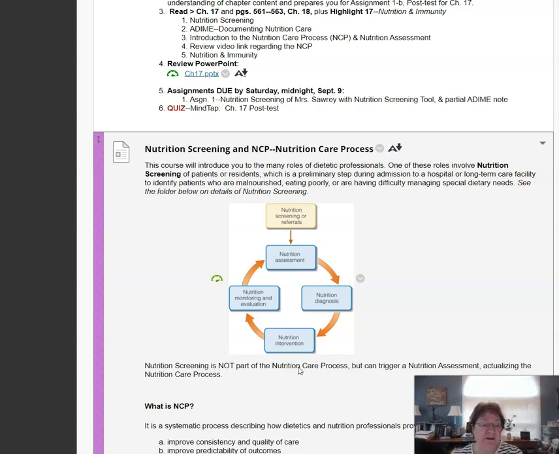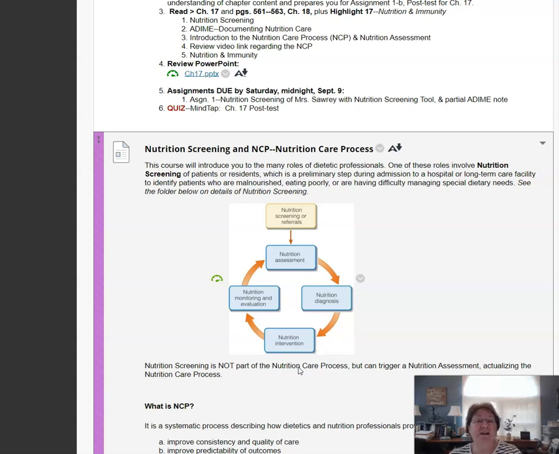This tool can quickly identify patients who may be at risk for malnutrition, may need an alteration in diet order, may simply appreciate a between-meal snack, or may trigger a more involved nutrition evaluation called nutrition assessment, along with the services of the registered dietitian nutritionist.